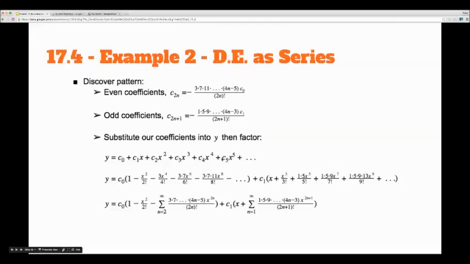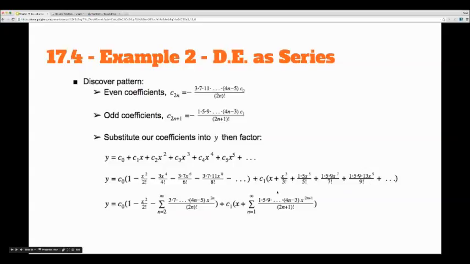We substitute our coefficients into this y sum, and then we factor out the c naught and c1. But then we are not greeted with a very nice series that converts to a familiar function because they are not Maclaurin series.